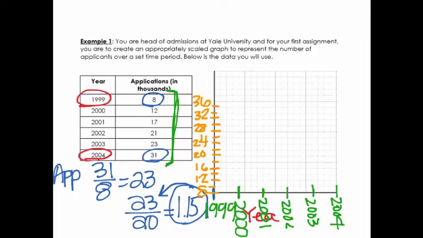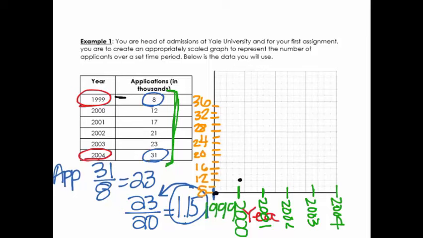So now all I'm going to do is just graph these numbers. At 1999, I had 8. So I'm going to start my point right there at that origin, 1999 and 8. My next one happens at 2000 and 12. So I'm going to draw my point at 2000 and 12.